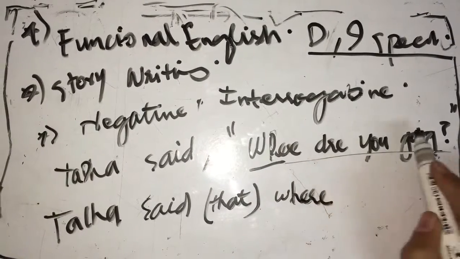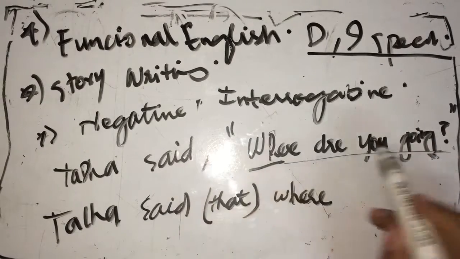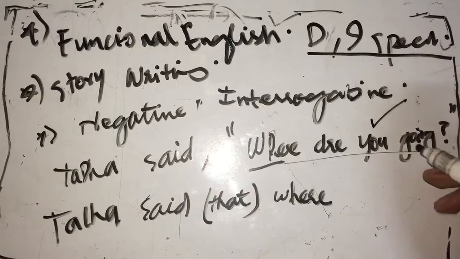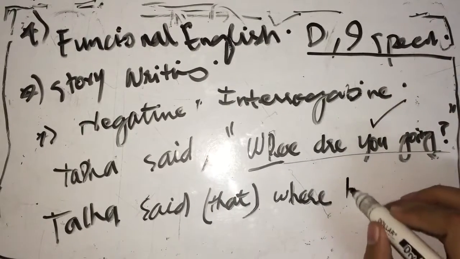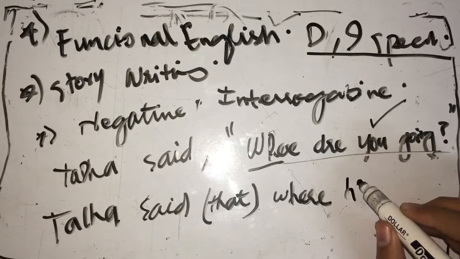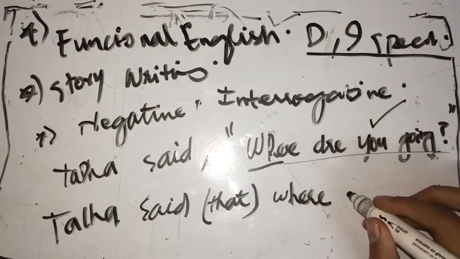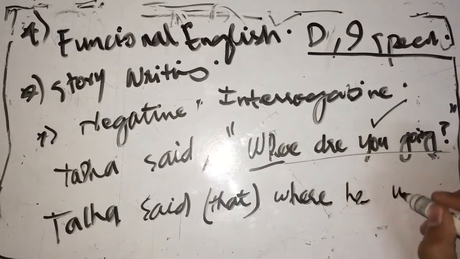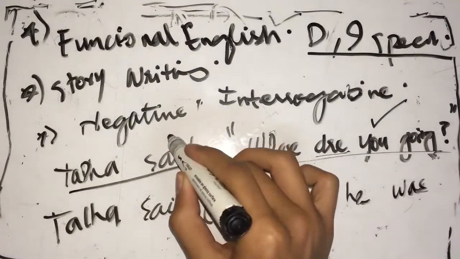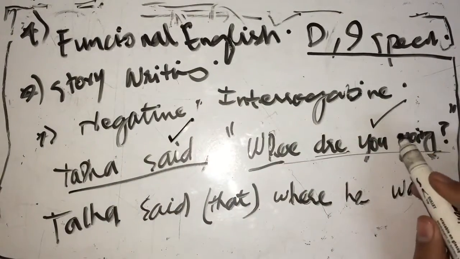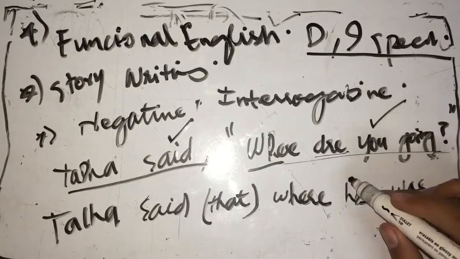If I say where are you going, that will be a question. But if I say Talha said where he was going, instead of you, you can use he or she or it, I'm just going to use he. So Talha said where he was going, or where she was. I'm using was because the verb of the reporting speech is in the past tense, so the tense of your reported speech is also going to change.